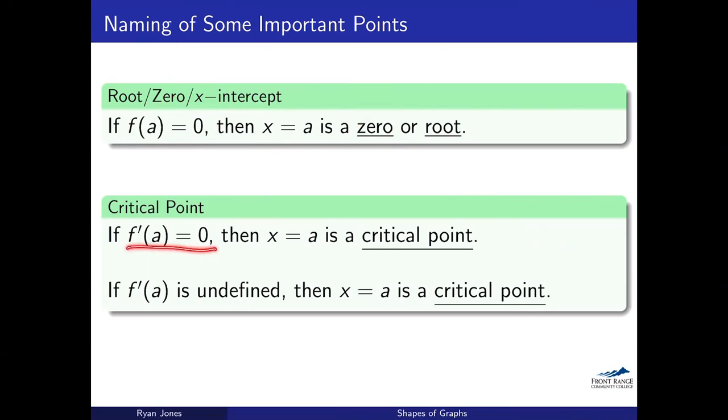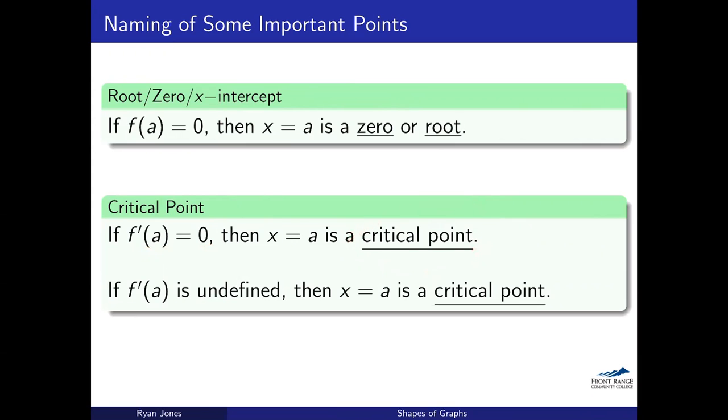And then when f prime is equal to 0, when the derivative is equal to 0 at a particular point, like I said before, it's a max or a min, with a little asterisk there. Instead of saying a max or a min, we'll likely say it's a critical point. So ingrain that in your head: if the derivative is equal to 0, that point is a critical point.